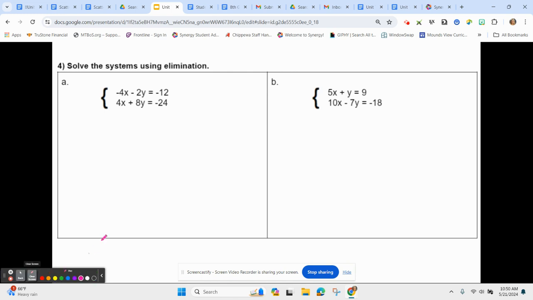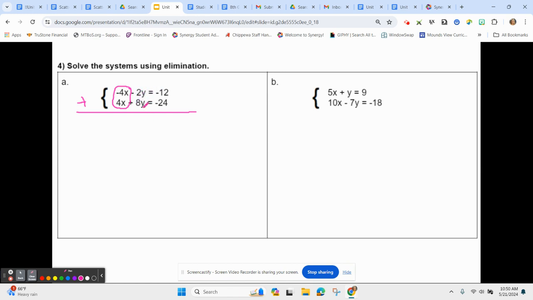So when we use elimination, our goal is to eliminate a variable. And so as I'm looking at these, I'm looking at my x's, I'm looking at my y's, and I notice that with doing no work at all, I can combine my variables together and notice that immediately my x's eliminate. Check it out. Positive and negative 4x eliminate. And so then I'm going to combine my y's.